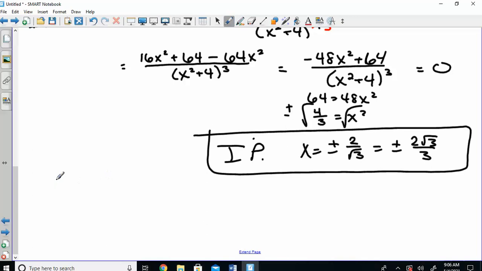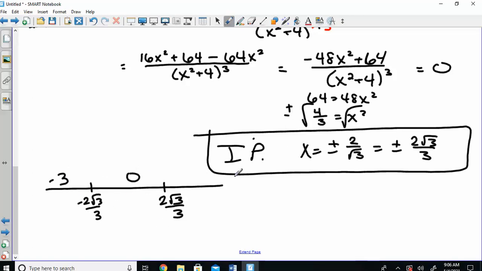So to check concavity, we do a sign line for those. So if you put in something smaller, what is this as a decimal? 2 radical 3 over 3. What is that? Okay, so something smaller would be like negative 3.